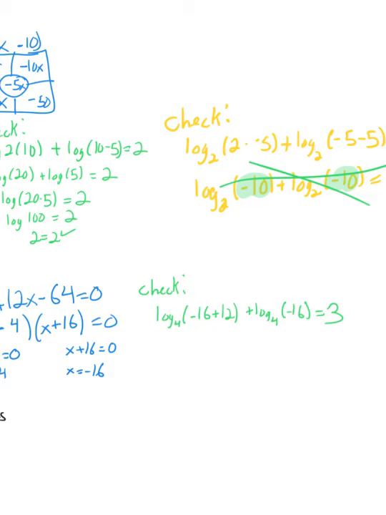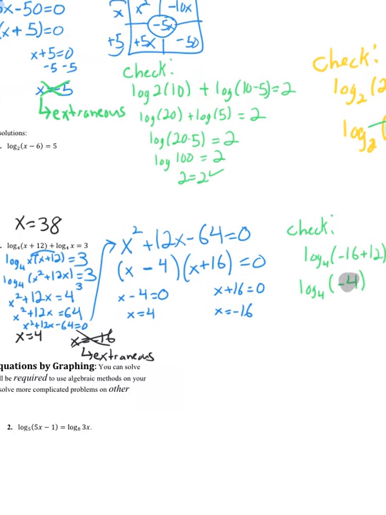And again, all I'm looking for is when I put the negative 16 in, I'm going to have a negative number inside of a logarithm. The other one, I do need to simplify it first. It is possible to plug in a negative number and then it adds up to a positive number, but in this case it doesn't. I get a log base 4 of negative 4. So that's how I know this is going to be an extraneous solution.